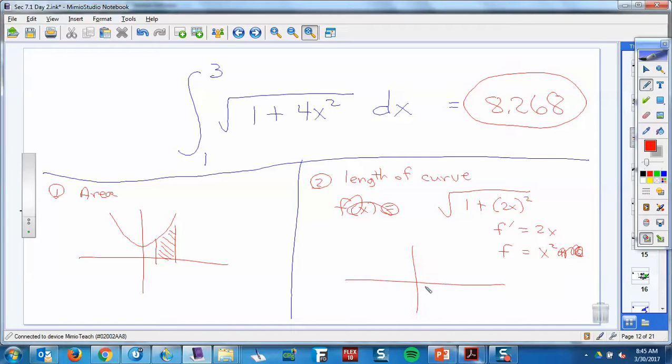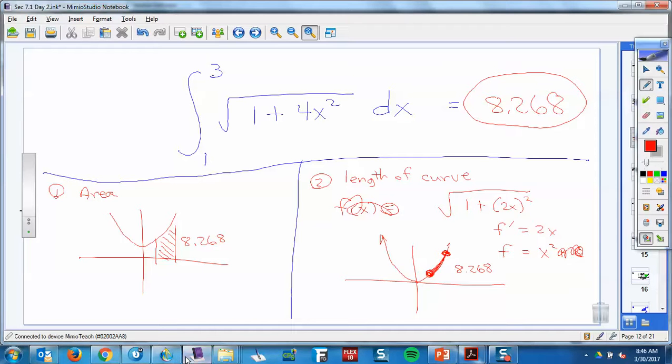So this would be the parabola x squared from 1 to 3. This piece of curve right here should be 8.268. This piece of curve is 8.268, right?